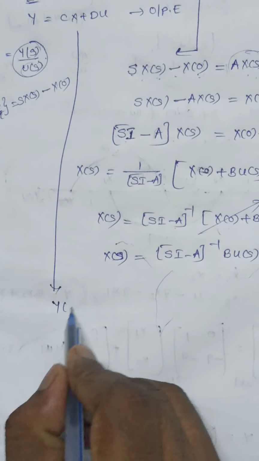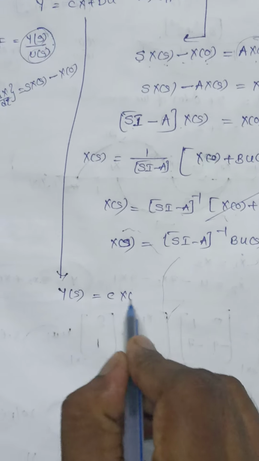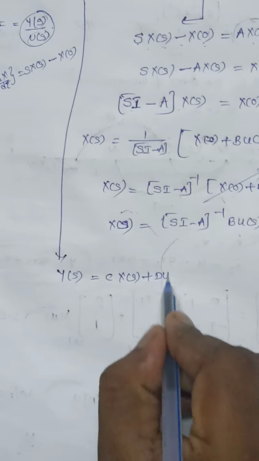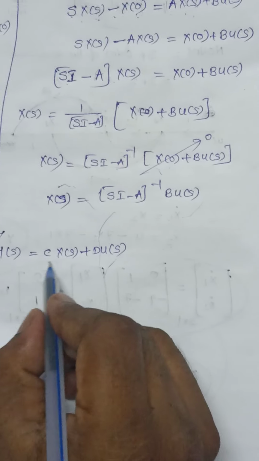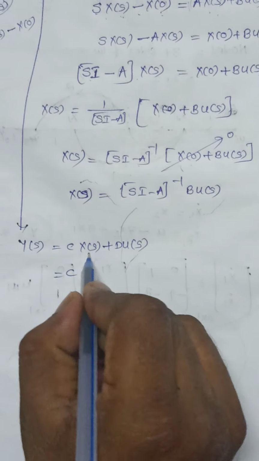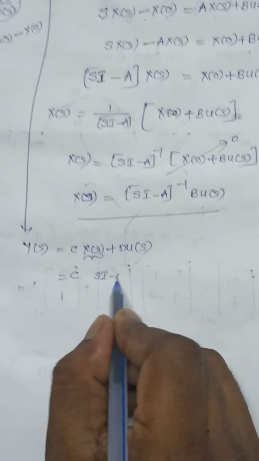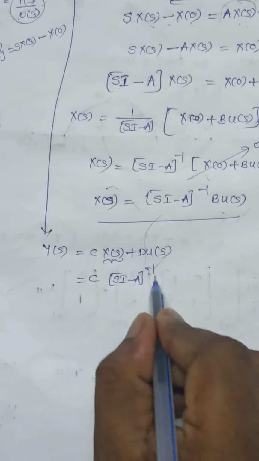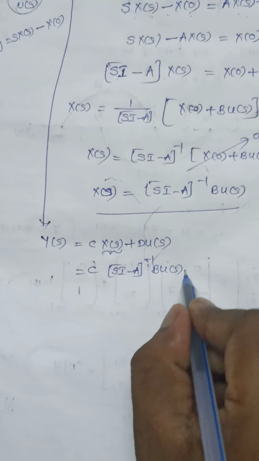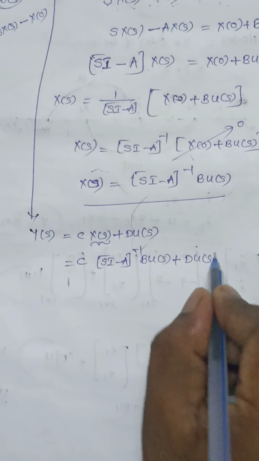Now from this output equation, Y of s is equal to C into X of s plus D into U of s. But here C into X of s, in place of this X of s you write down this one, that is (sI minus A) whole to the power of minus 1 into B into U of s plus D into U of s.